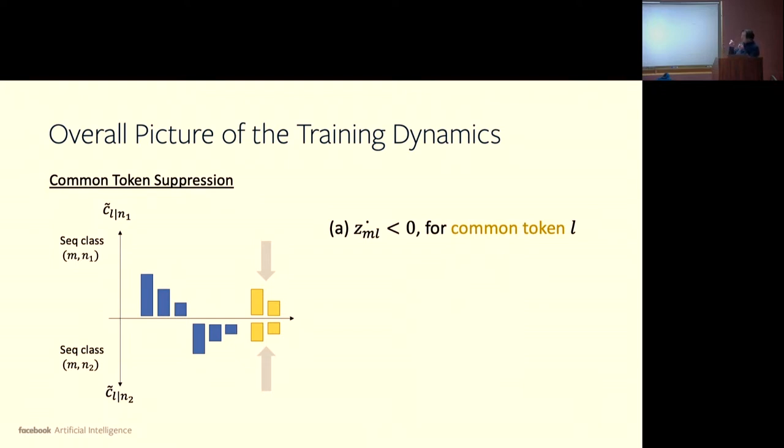Z becomes smaller because the time derivative of Z is smaller than 0, so over time it keeps shrinking. This is true for common tokens, the tokens that appear in multiple sequence classes.